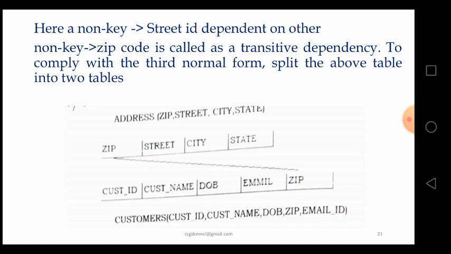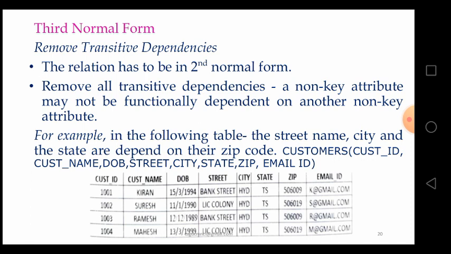This is done to remove all transitive dependencies, that is, a non-key attribute may not be functionally dependent on another non-key attribute. We applied that to the employee table.